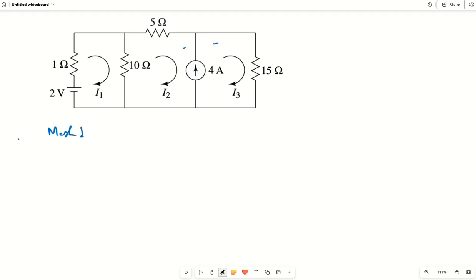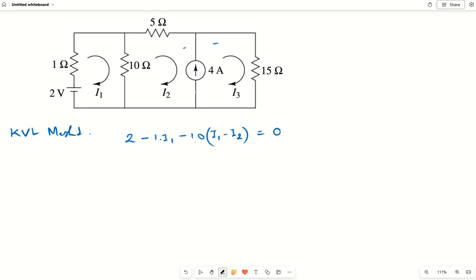So for mesh 1, if we write down the KVL equation, sorry about my handwriting, it will be plus 2, because we are moving from negative to positive, then minus 1 into I1, then minus 10 into (I1 minus I2) equals 0.